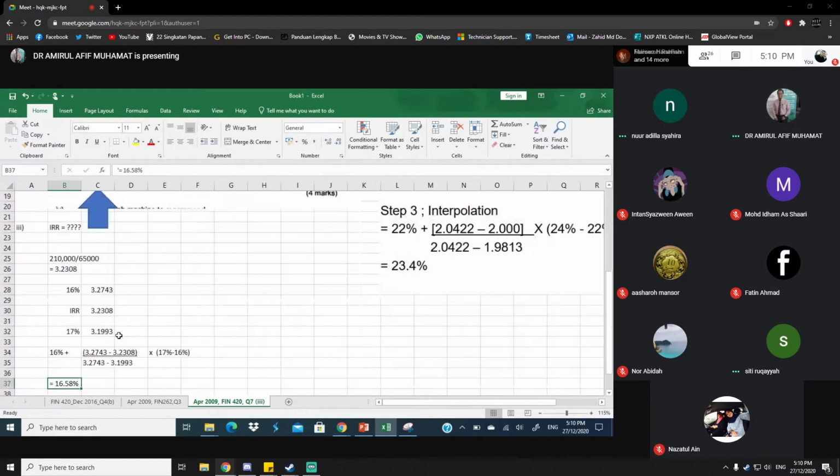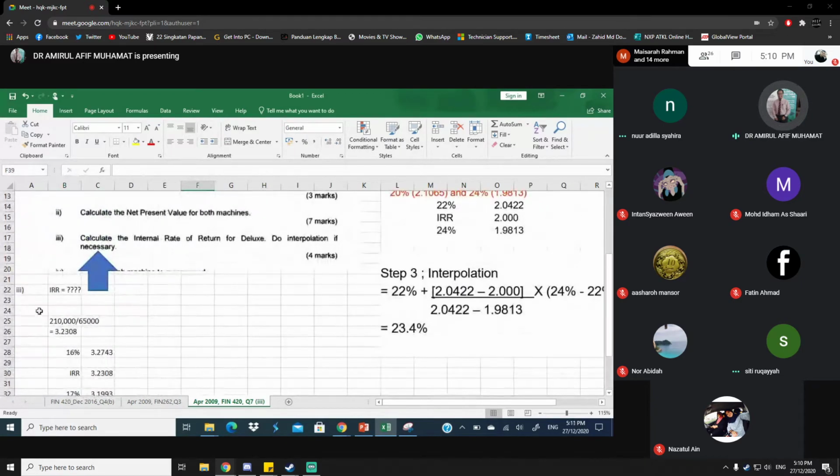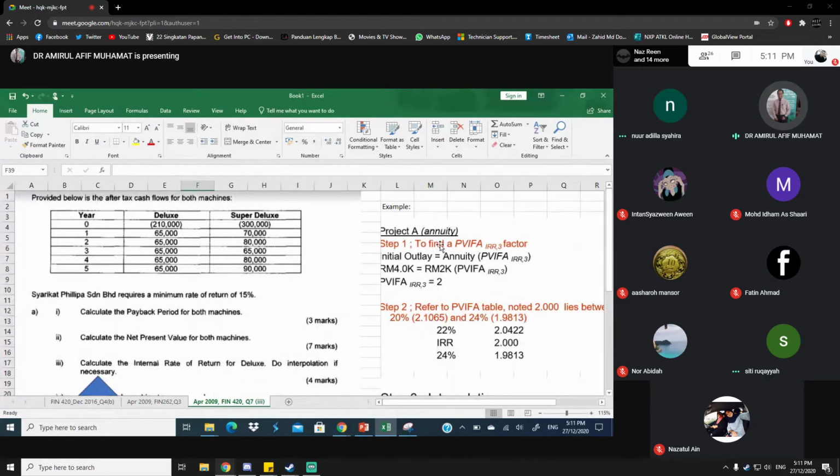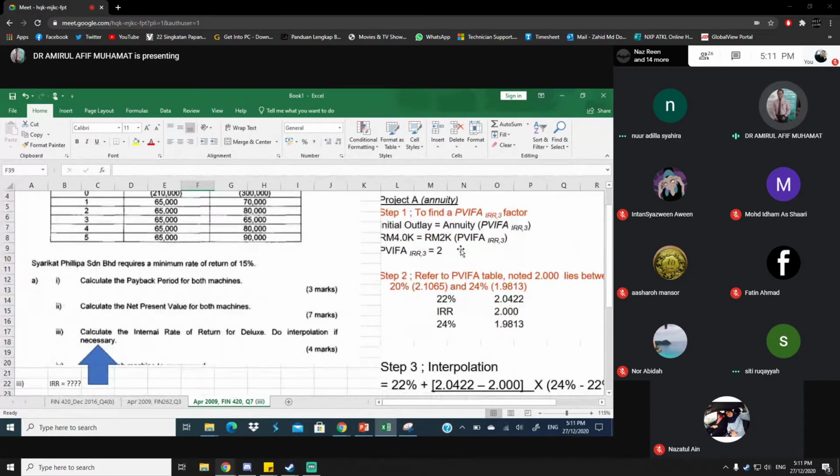This one I've discussed with your friend in the previous class, so sama macam tadi. You need to find the factor. The factor is the initial outlay divided by income.